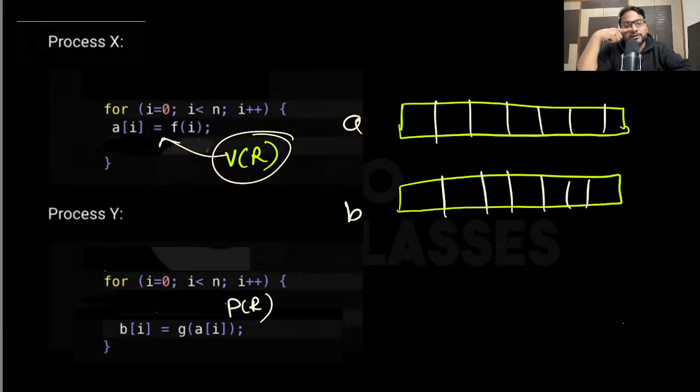But here is a catch. Can you think about that catch? Okay, just think about that catch. See, the catch here is very interesting.